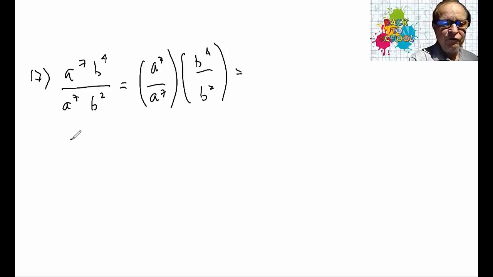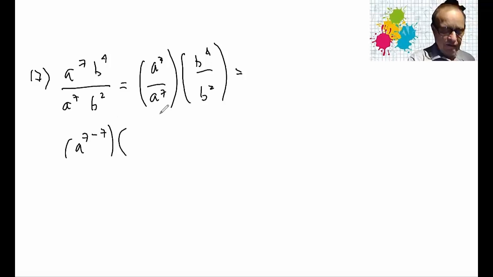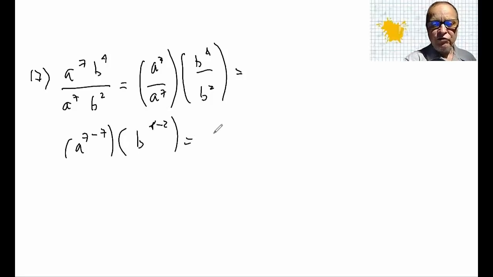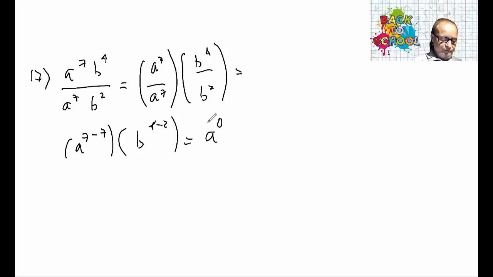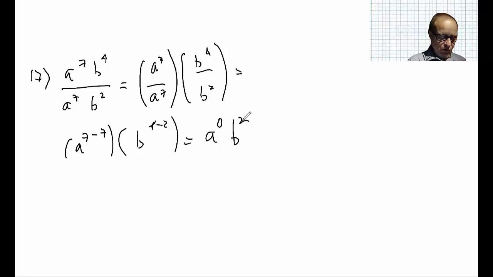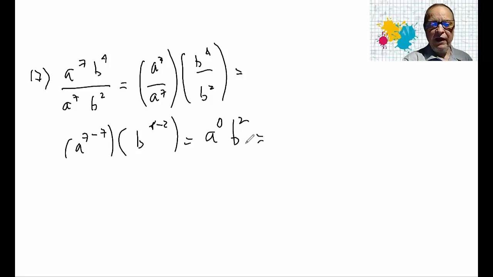For the first one, I have a to the 7 minus 7, and for my b's, I have b to the 4 minus 2. Now a to the 7 minus 7 is a to the 0, and b to the 4 minus 2 is b squared. Anything to a 0 power is equal to 1, so our a to the 0 is equal to 1, and then b squared.